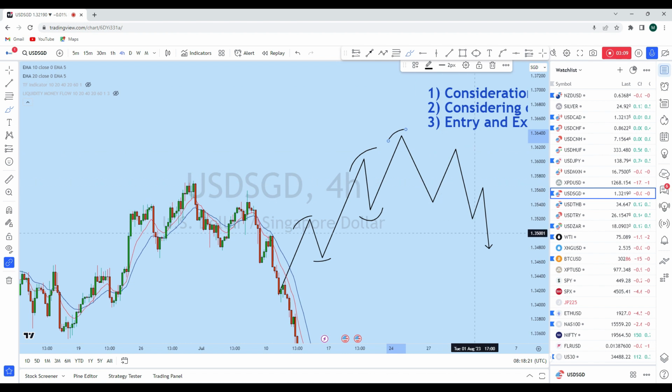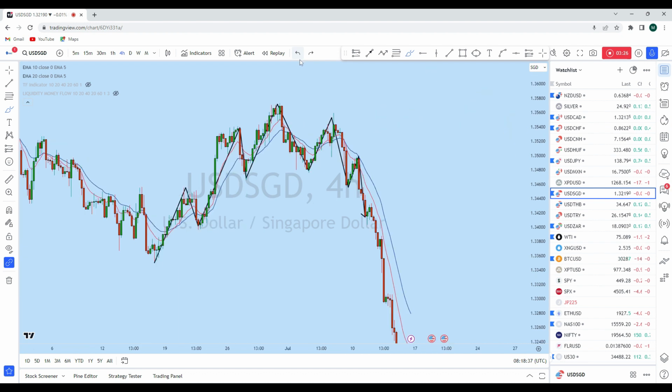But when the market fails to create a new higher high, and instead creates a lower high and breaks that market structure, it means that this trend has changed from an uptrend to a downtrend. And after changing from uptrend to downtrend, the market started to create lower highs and lower lows. Now, how do we integrate this trending direction in our strategy?